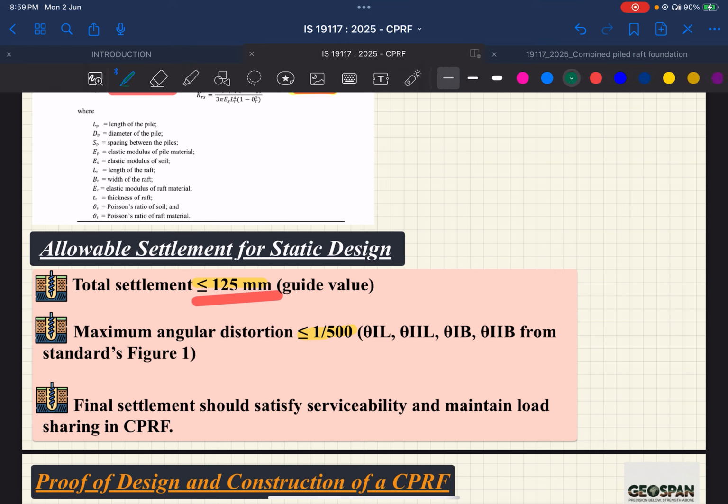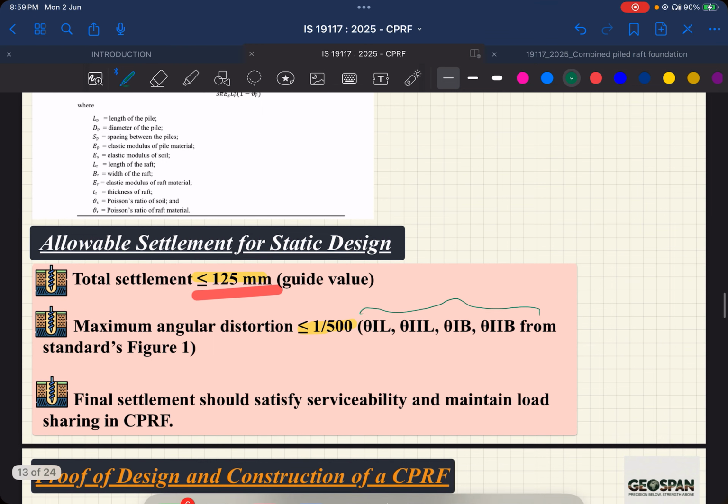And there are four angular distortions: theta 1L, theta 2L, theta 1B, theta 2B, which have been discussed in the previous video. If you haven't seen that, kindly look into it to understand what theta 1L, theta 2L, theta 1B, and theta 2B are.